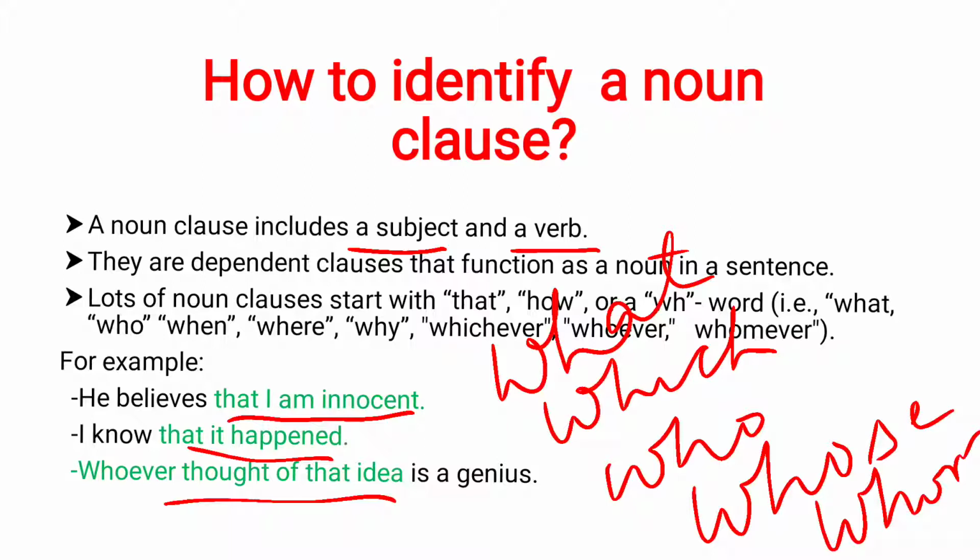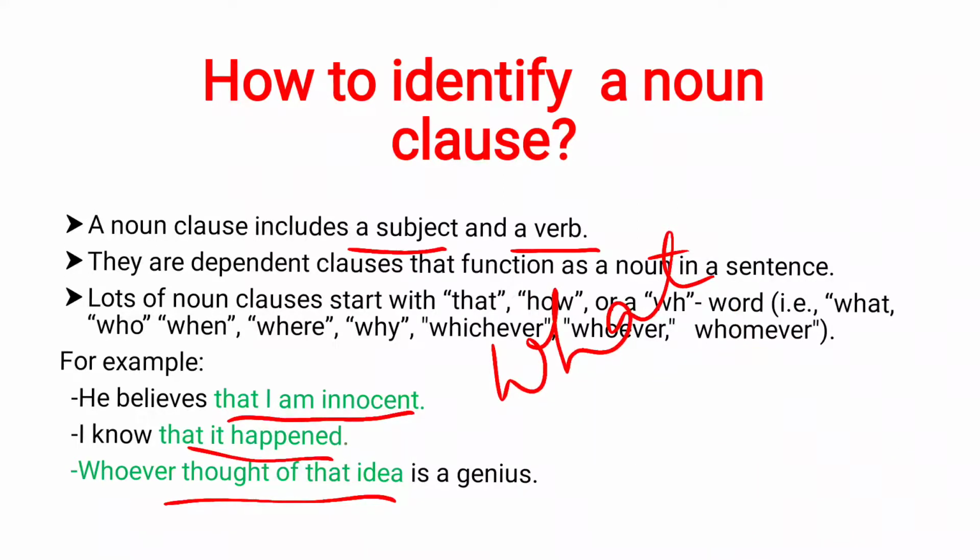Now, if we are able to replace this group of words with any of these interrogative pronouns, it means this group of words is acting like a noun clause in a sentence. I hope it is very clear to you now how to identify a noun clause.